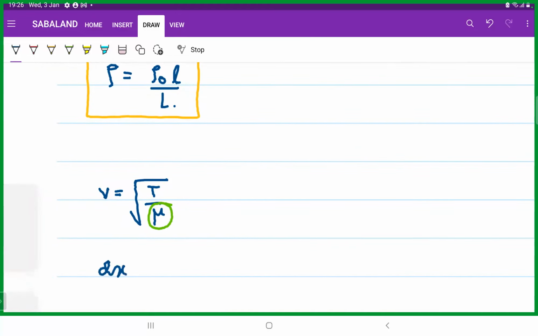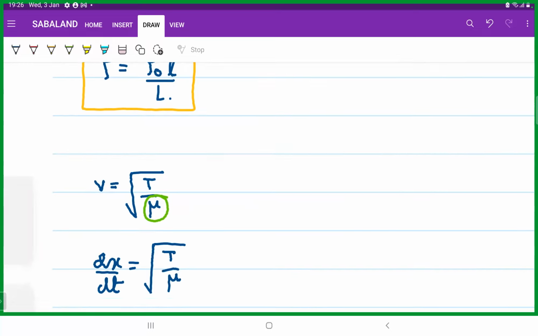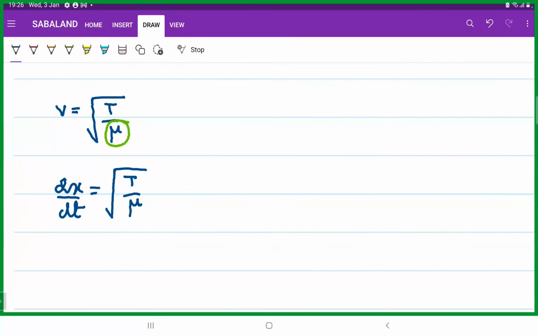So dx by dt is equal to root T by mu, where T is constant. Or rather not dx, it will be dl, because the variable here is l.